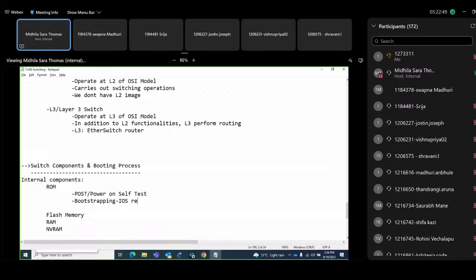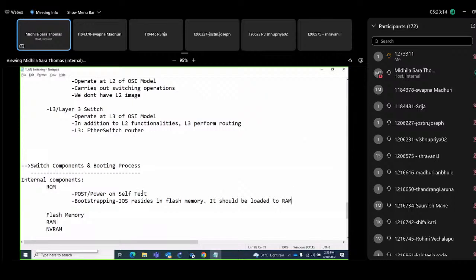Where does IOS reside? It is clearly defined in Network Fundamentals: flash memory. Excellent. So it should be loaded to RAM.